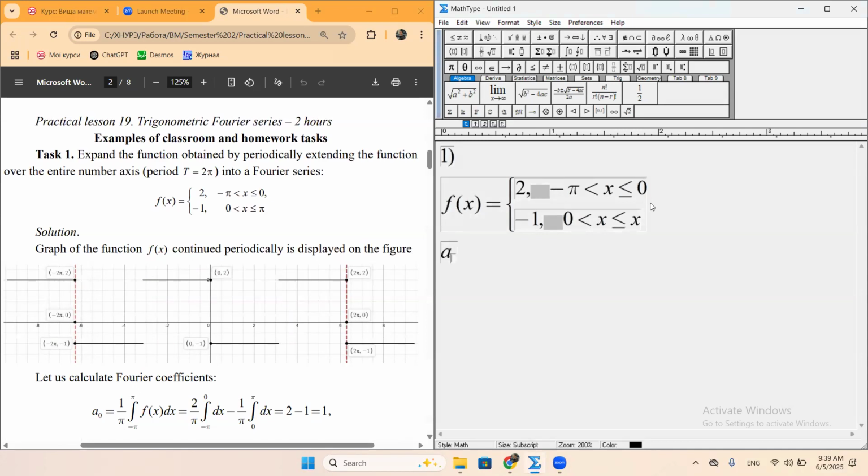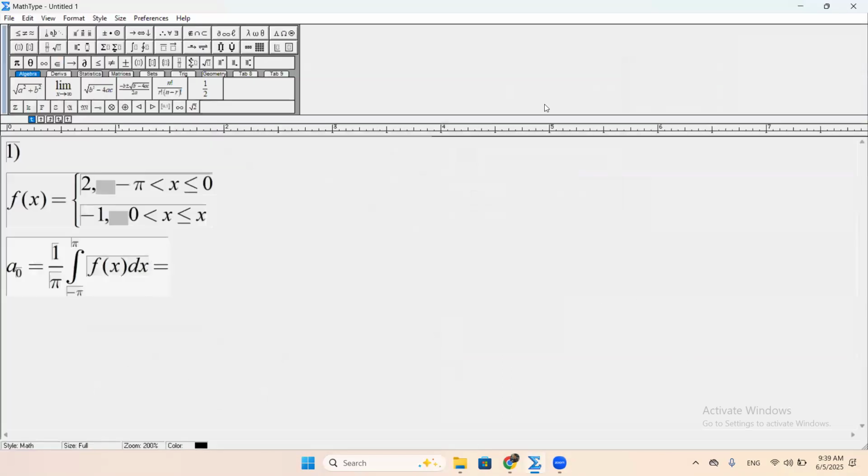So a0. So how it would be found? We will use the following formula: from minus p to p, integral f of x dx. And as this function is given piecewise, we will split it to the sum of integrals.